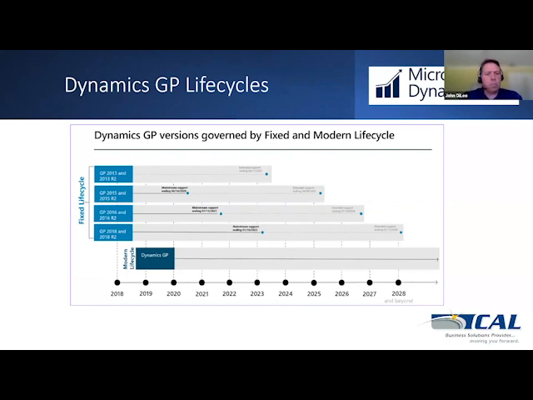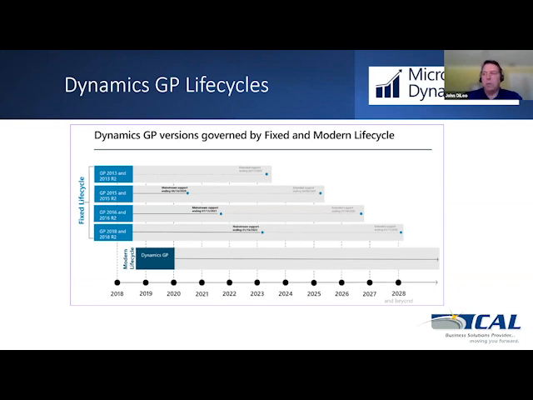With that being said, 2013 is the product that is out of extended support as well, which means that when you're talking about virus and any other type of updates that would be security related, they're no longer producing those for GP 2013, 2013 R2.